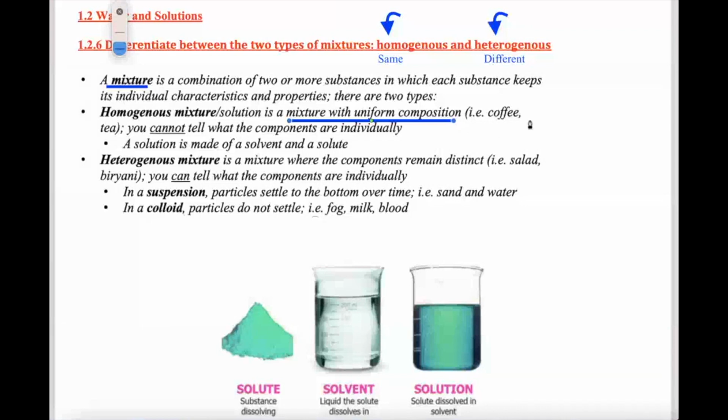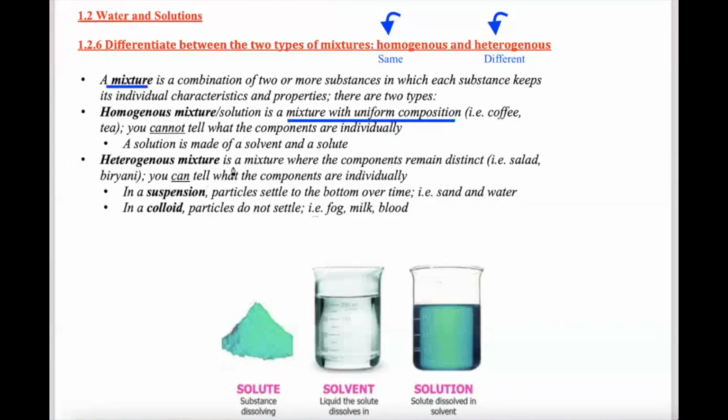Like if you make a coffee, you add coffee, milk, sugar and water, but you stir them and you get a coffee. Now, if I ask you to tell me what I have added in this coffee, you will not be able to tell me 100%, because it is a homogeneous mixture and you cannot see them individually.